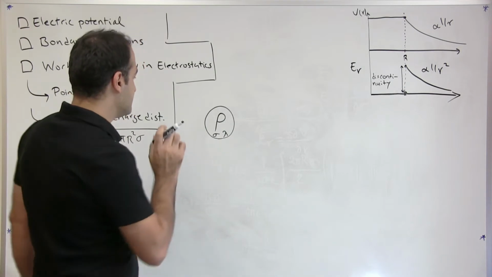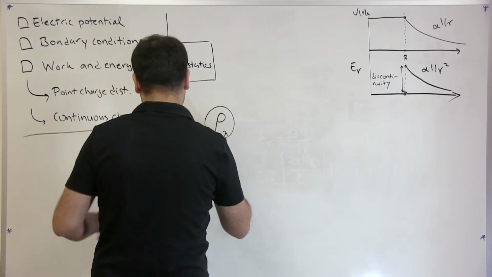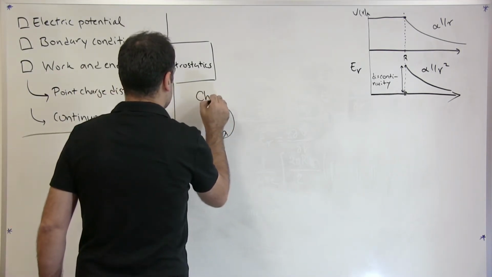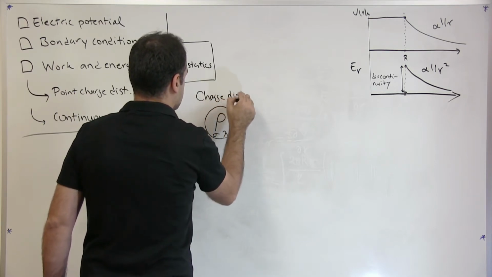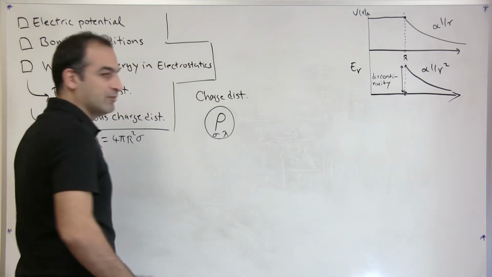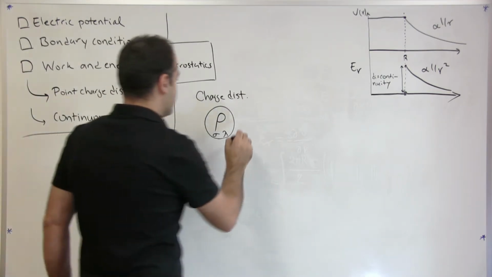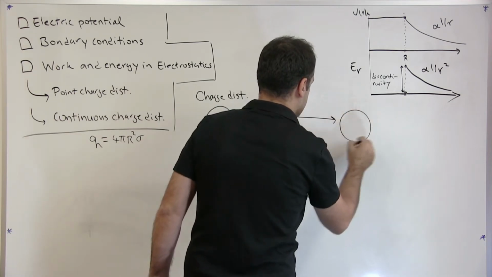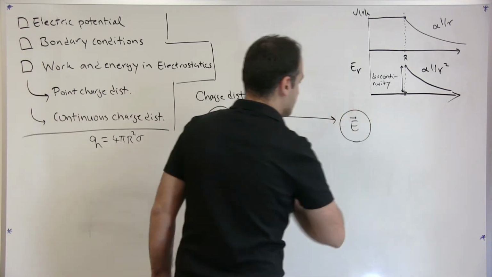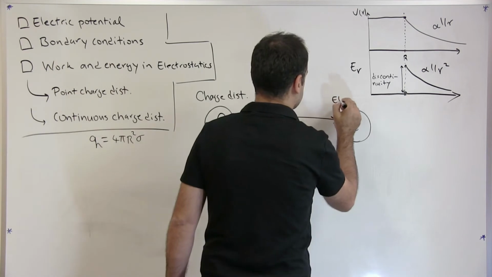Okay, so what is usually given is the charge distribution. And what we want from this is we want to move from charge distribution and calculate E, which is the electric field.